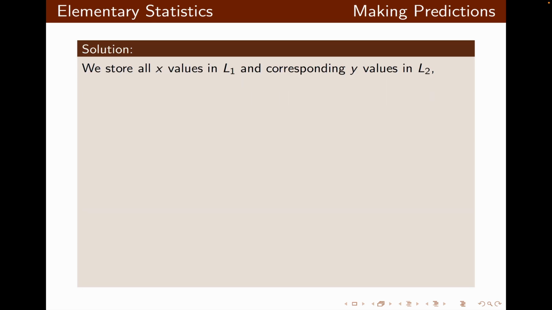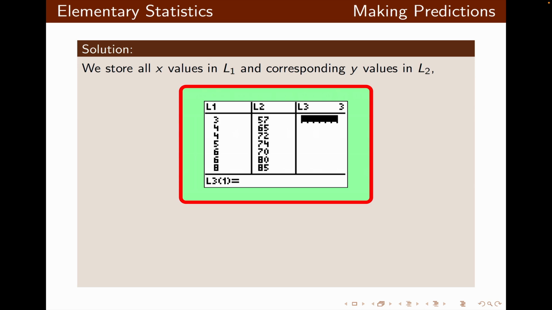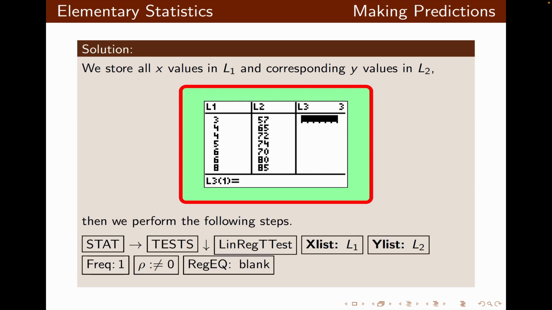We store these values in L1 and L2. We press stat, tests, linear regression t-test, L1 for x-list, L2 for y-list, frequency of 1, and rho not equal to 0 with the regression equation blank.